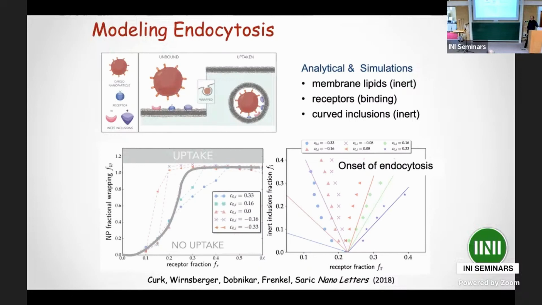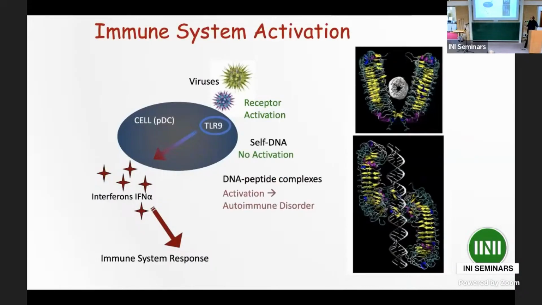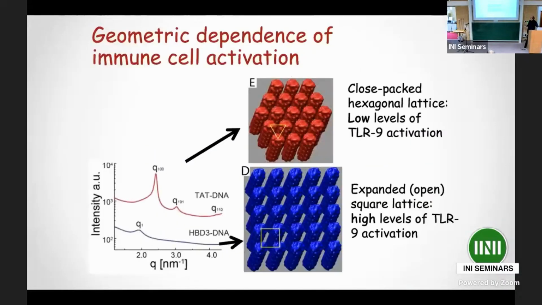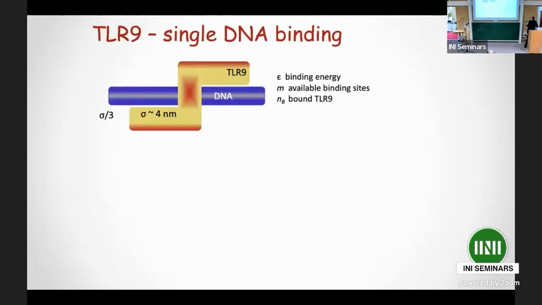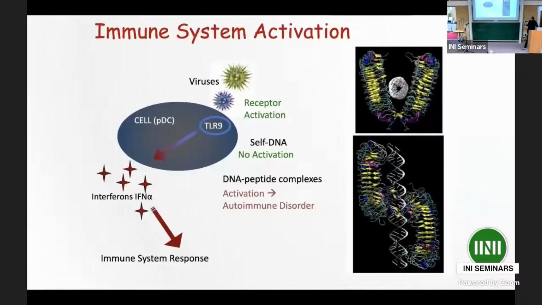It should work for anything bacterial. No, that was measured actually in another paper. I didn't put these results here, but they measured the binding of the receptor to DNA in a sequence-dependent way.